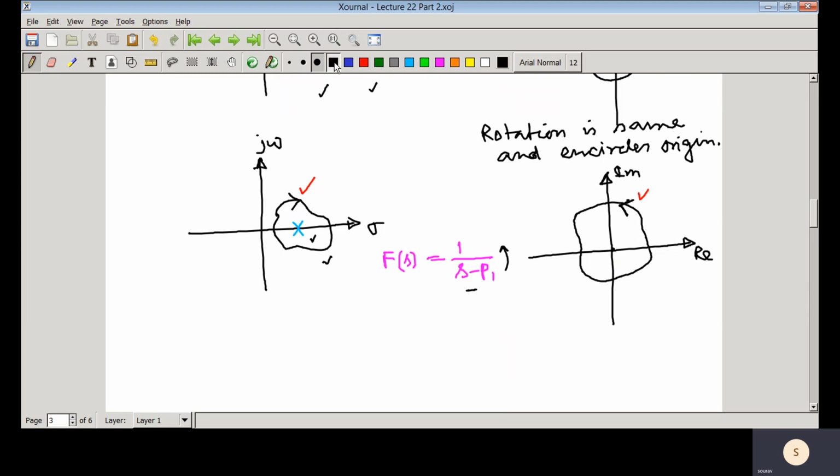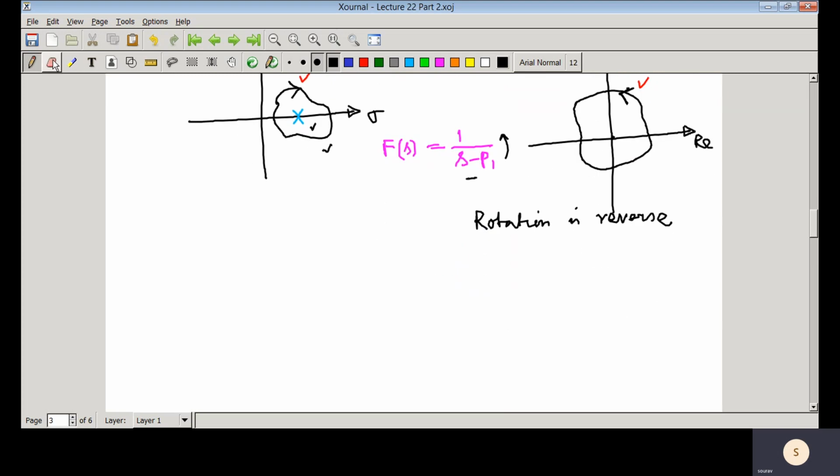So the rotation is reversed and encircles the origin.